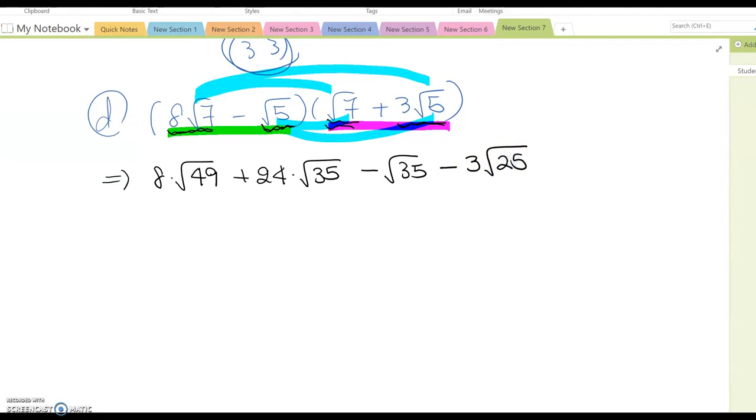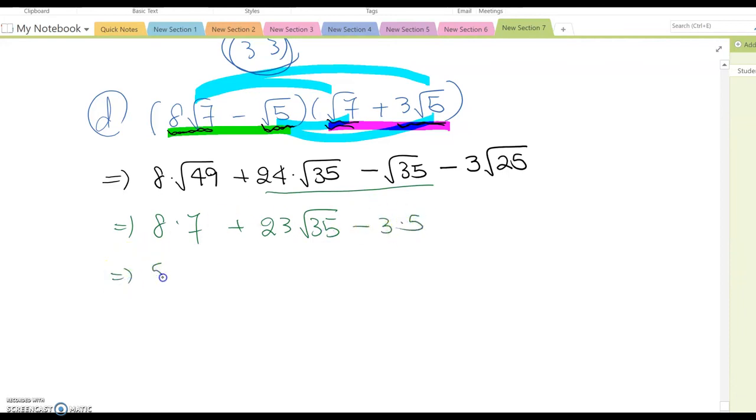So then it becomes 8 times 7 plus, you can combine this, 23 root 35, and minus 3 times 5. So it becomes 56 plus 23 root 35 minus 15.